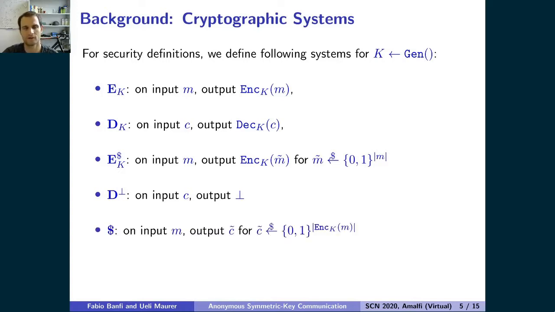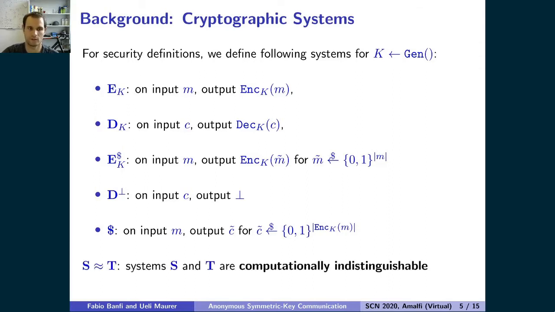And finally we define a system $, which on input a message M outputs a pseudo-random ciphertext of the same length of a regular encryption of the message M. Finally, we use this notation to define when two systems S and T are computationally indistinguishable, which means that for any efficient distinguisher, the distinction between S and T succeeds with probability negligible in some security parameter, which we ignore here for easier presentation.